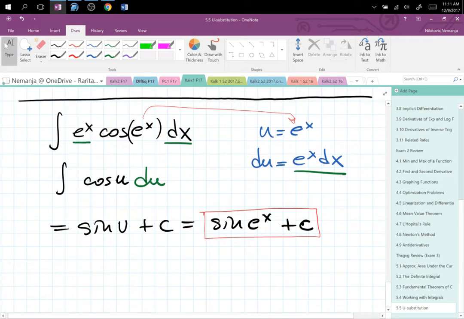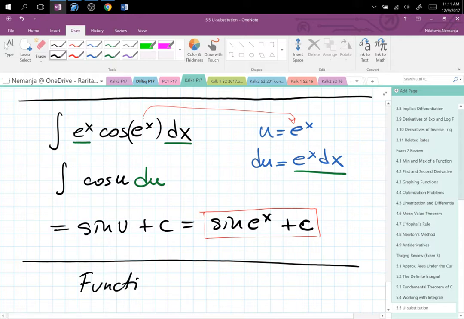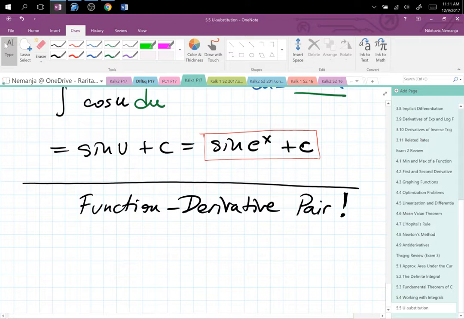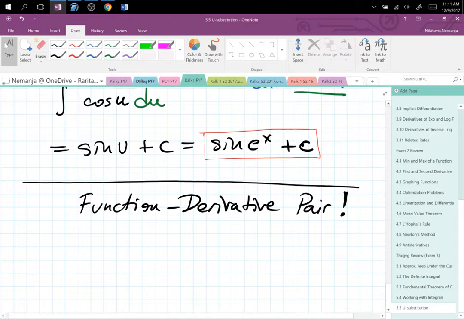That's why I say function derivative pair.